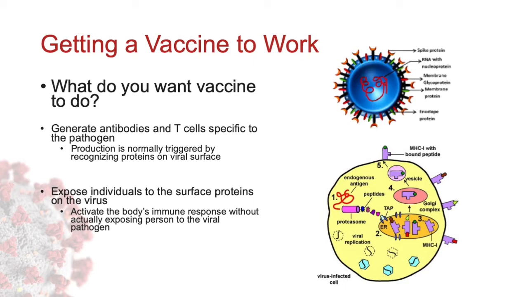One way to develop vaccines is to get the individual cells in your body to express these viral proteins without actually infecting the person with the viral pathogen.